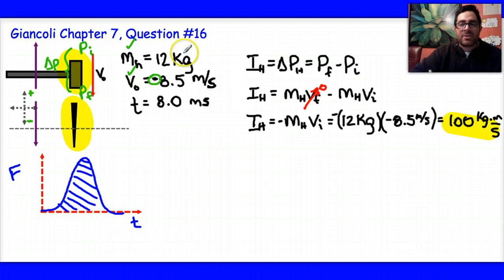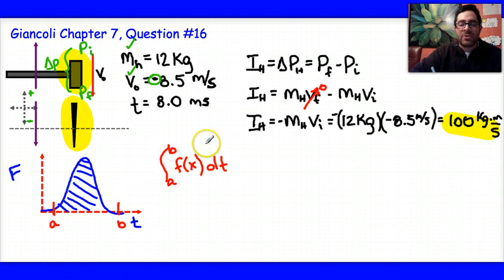And I'm going to have some upper and lower limits of integration. This is going to be my lower limit. I'll call that A, and I'll call that B on my x-axis. So I'm basically integrating this force function with respect to this time axis, the x-axis, between A and B. For those of you who have seen this kind of stuff in your math classes, in reality, it's important to see that they're asking for an average force, which is going to be somewhere around here.